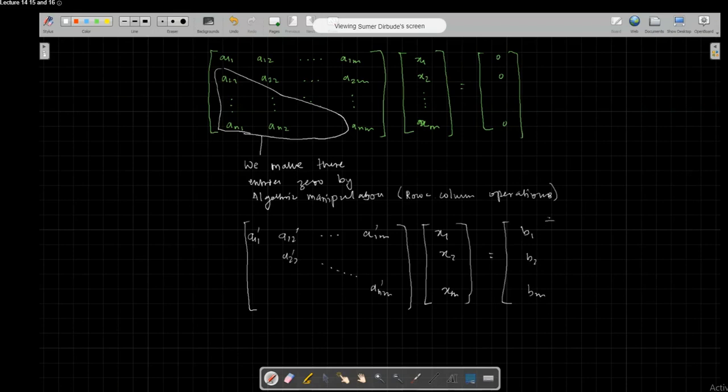The right side may not be 0, because after doing these operations, you may get some changes here. Now we solve this system.